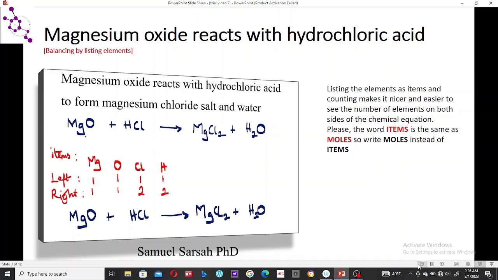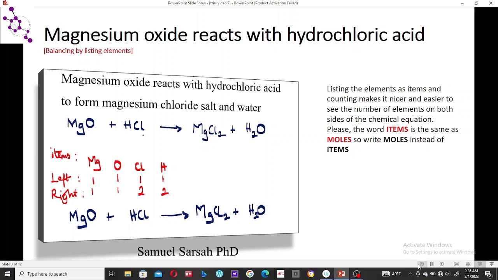On the left side, we have one magnesium. On the right side we have one magnesium, so the magnesiums are fine. On the left side we have one oxygen, and on the right one oxygen, so that's fine.